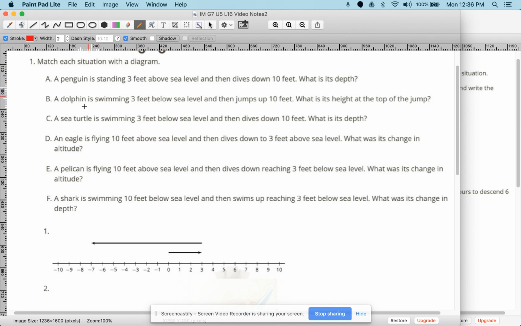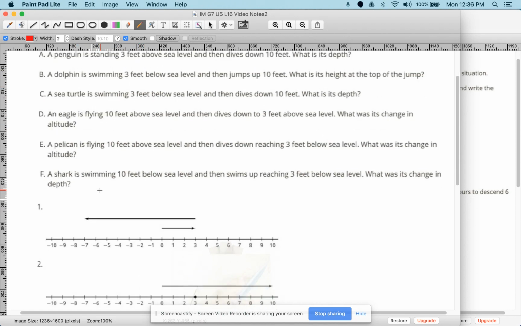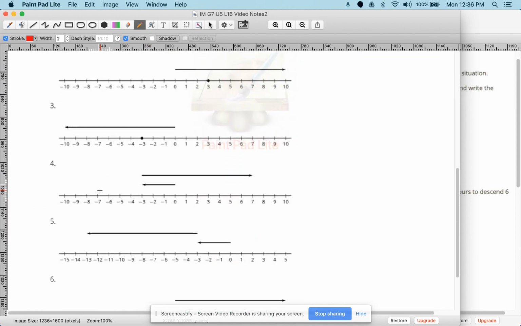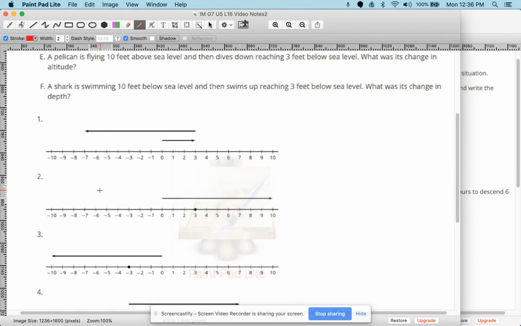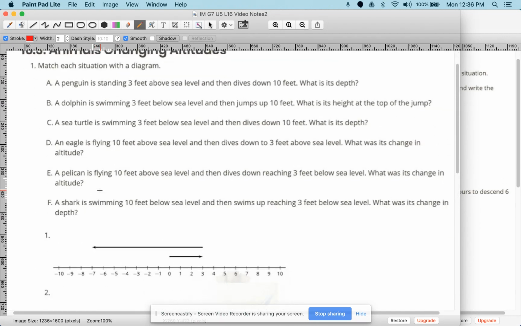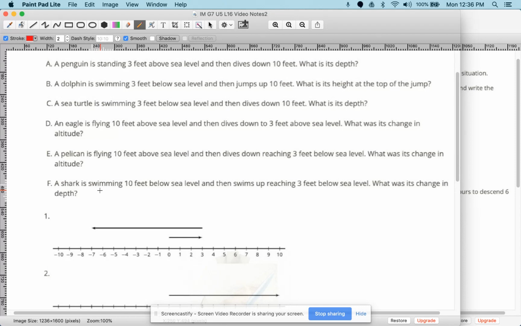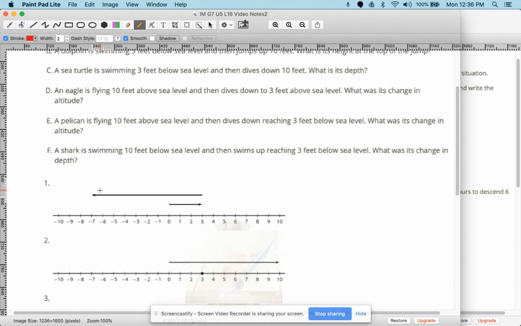So they have A through F situations, and then they have lots of diagrams here, and I believe that's all on one page of your workbook. So let's start with A. It says a penguin is standing 3 feet above the sea level and then dives down 10 feet. What is the depth? Well, starts at 3 feet.